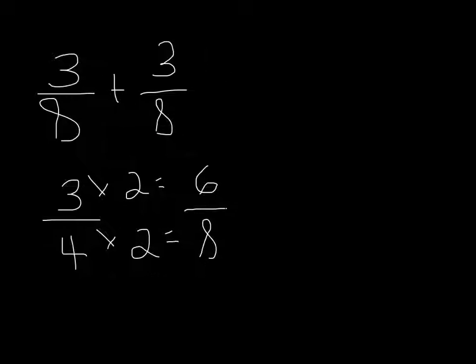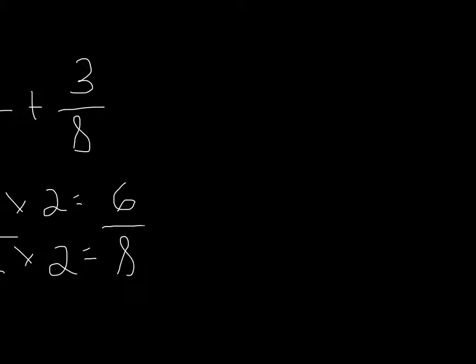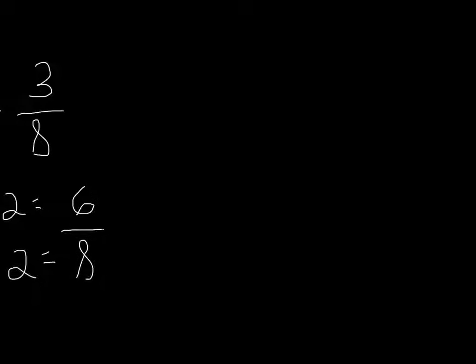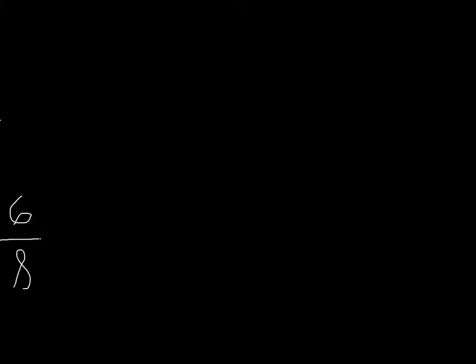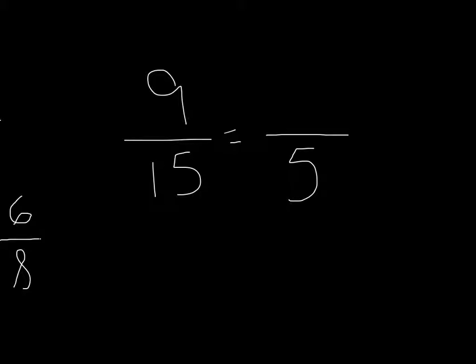For box number 3, you have to find the missing numerator. That's quite simple. Whatever you do to the denominator, you must do to the numerator. The first question says 9/15 equals blank over 5.